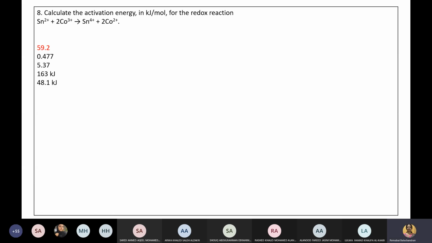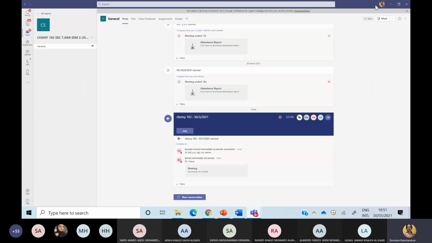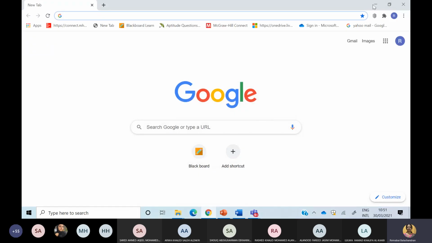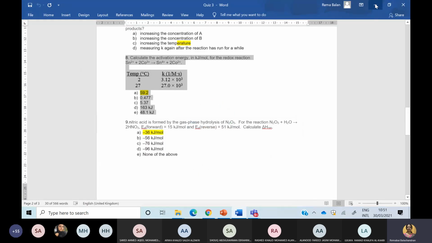Now, calculate the activation energy. Oh, I forgot to take the data. There was data for this one. Okay, let me see if I have it or not. Can you see these values?